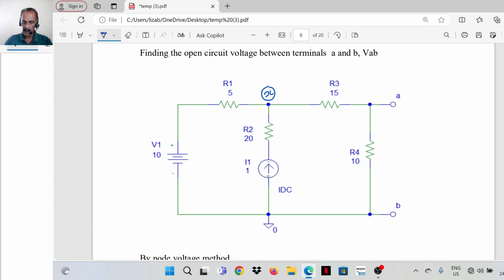Now in this network, say two terminals are provided, A and B. That means we have to replace the network on the left side with a single voltage source in series with a single resistance. The network to the left of A and B is to be replaced with a single voltage source in series with a single resistance.